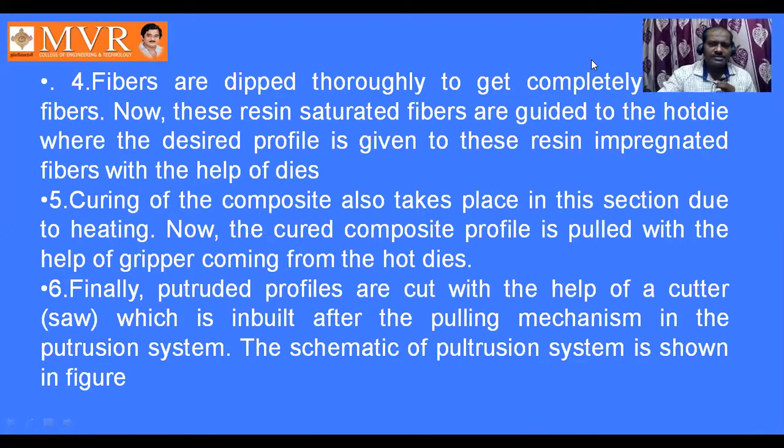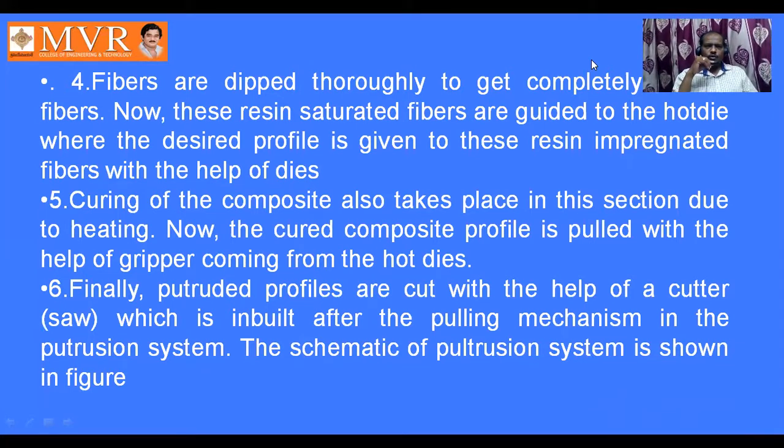Now these resin-saturated fibers are guided to the hot die, where the desired profile is given to these resin impregnated fibers with the help of dies. Curing of the composite also takes place in this section due to heating.